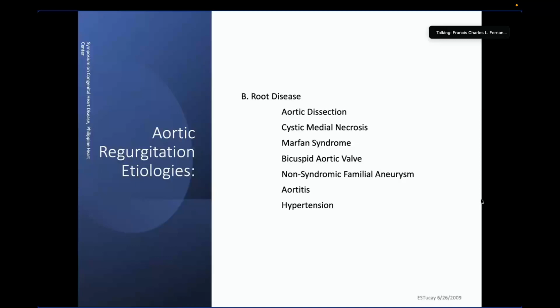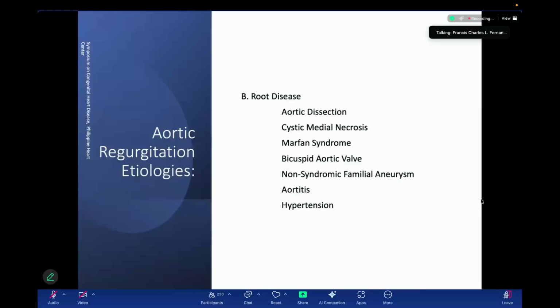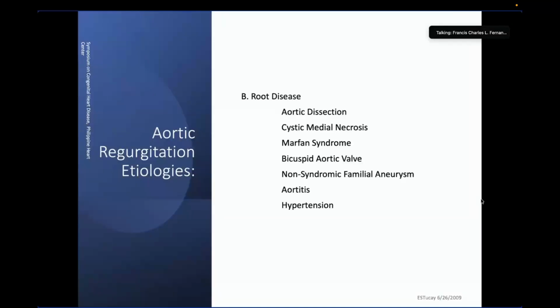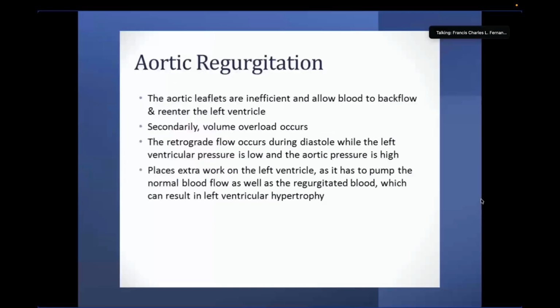You can see that in some patients without these collagen diseases, aortitis such as syphilis, and just plain hypertension causing aortic root disease. So that it dilates, and then you have a diastolic murmur. So these are backflow and it enters the left ventricle.